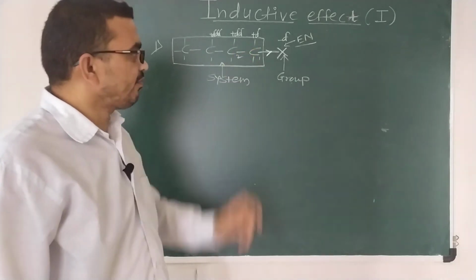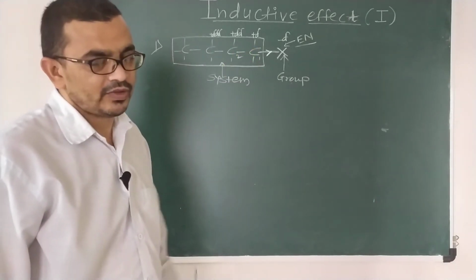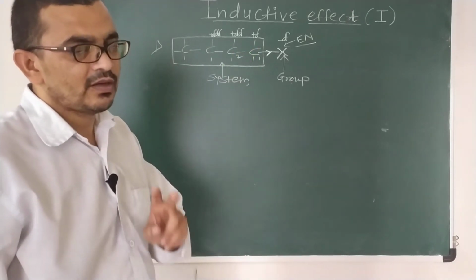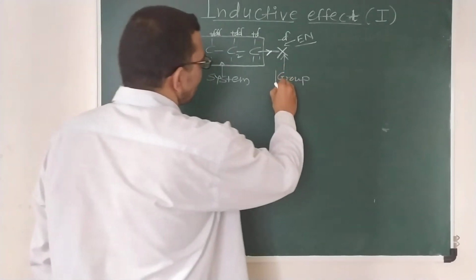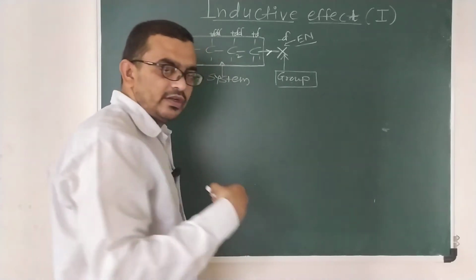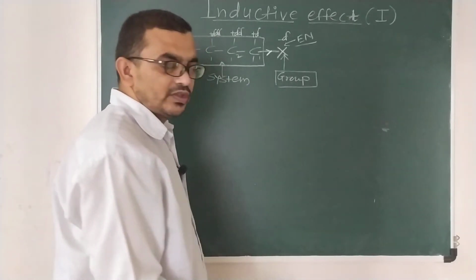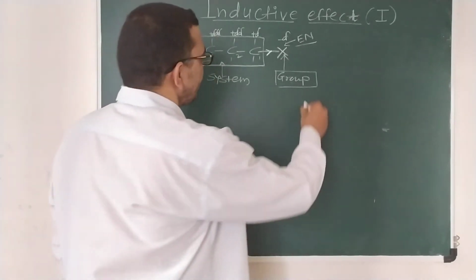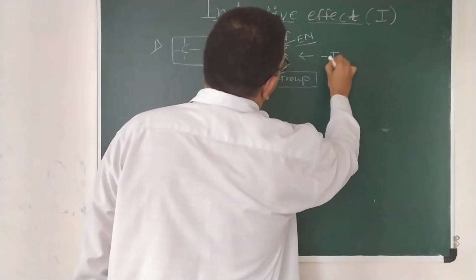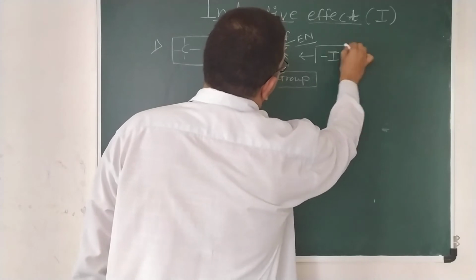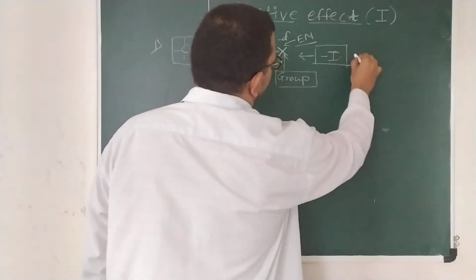Which type of effect is there? We have discussed two types, plus I and minus I. In this case, as the group shifts the electrons towards itself because of electronegativity, you can see the minus I inductive effect.